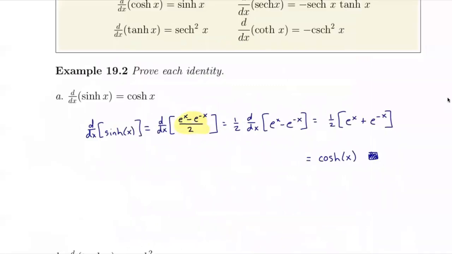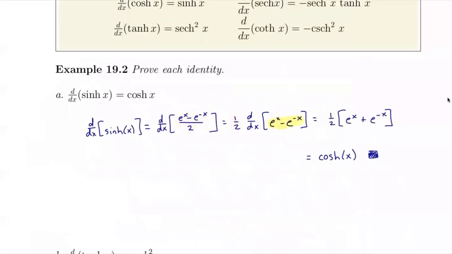So the derivative of hyperbolic sine of x is equal to the derivative of e to the x minus e to the negative x over 2, right? That's the definition of hyperbolic sine of x. Well, the 2 in the denominator comes out as a factor of 1/2 by the constant multiple rule. And then I'm taking the derivative of the numerator now. Well, the derivative of e to the x is e to the x, and the derivative of e to the negative x is e to the negative x with a minus sign times the derivative of the exponent.